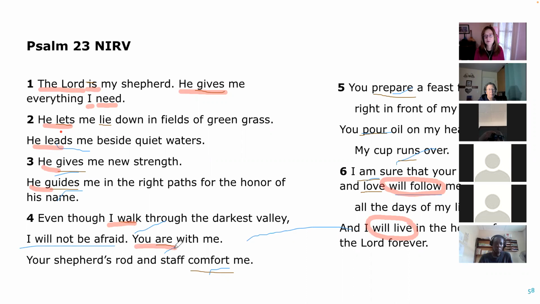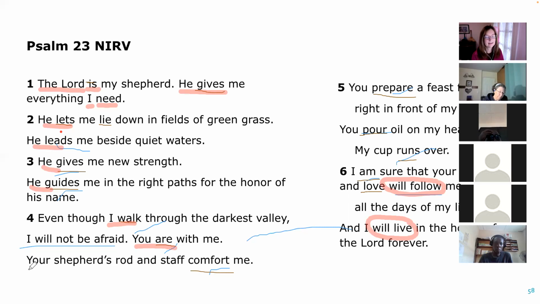So he's talking directly to God. And notice when the subject is you, we don't say you is, we say you are. So that's the second person subject. So if it's I or you, the verb is not going to have an S in the present tense.